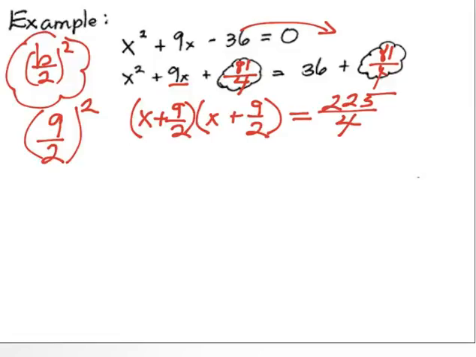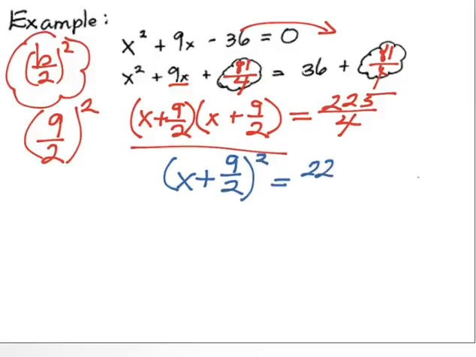I want to leave it just like that, and there's a reason for it. Now this is not the correct way to write it. What is the correct way? The correct way is to write x plus 9 over 2 squared equals 225 over 4.